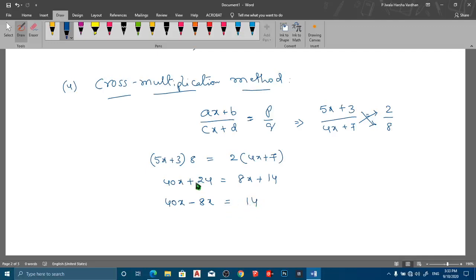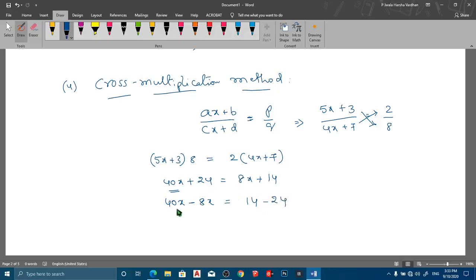Now send this plus 24 directly to the right side, which will become minus 24. At a time, I am doing two operations. Observe here. Keeping 40x here, sending this plus 8x to the left side, which becomes minus 8x, and at the same time keeping the 14 on the right side as it is, I am sending this plus 24 to the right side, which becomes minus 24.